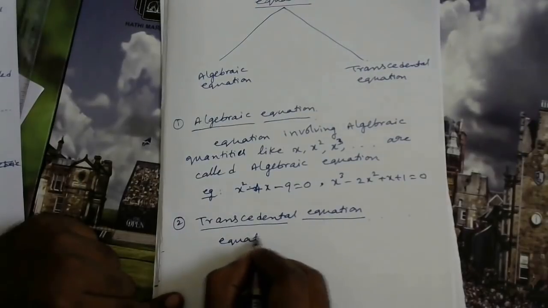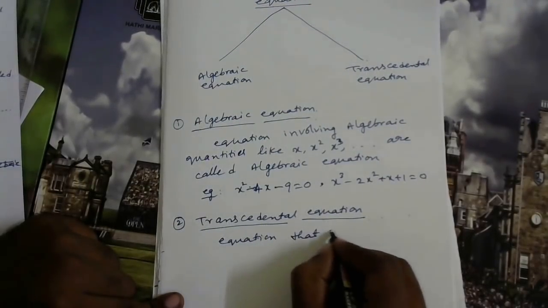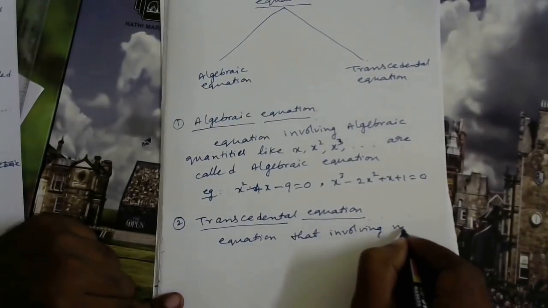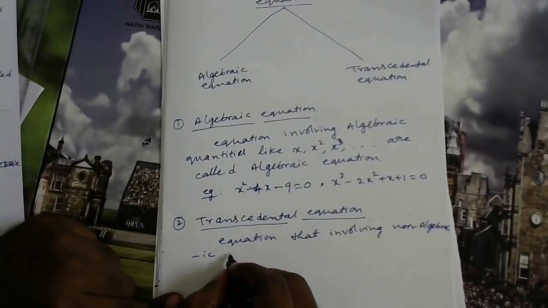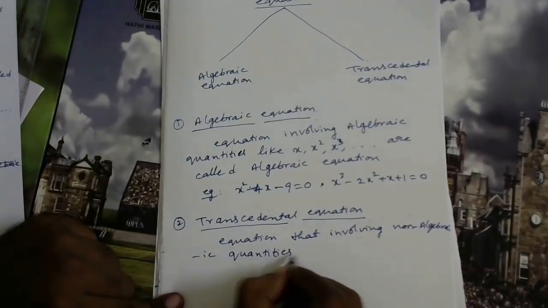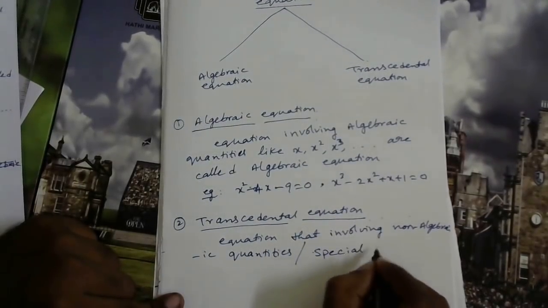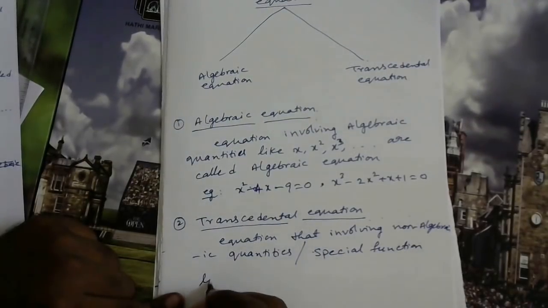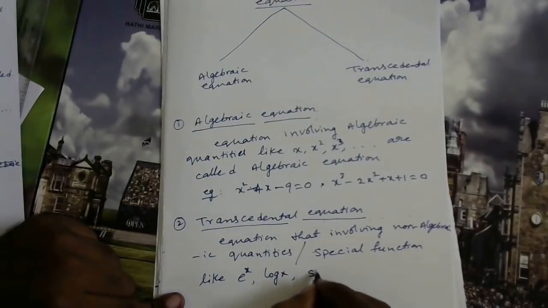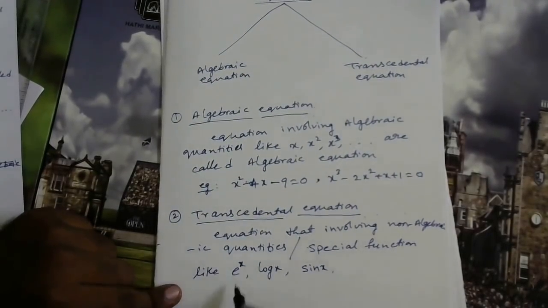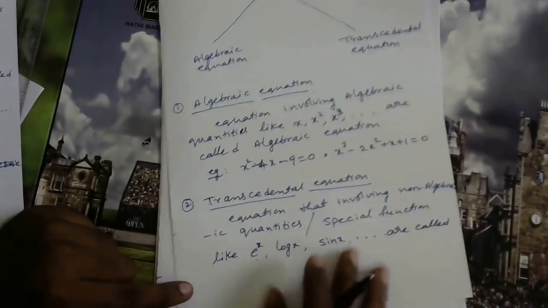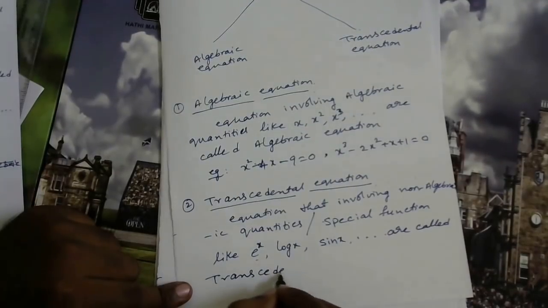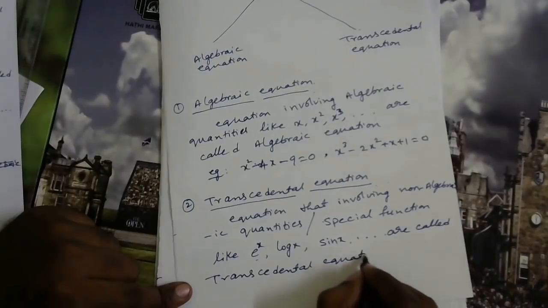So, an equation that involves non-algebraic quantities or special functions like exponential form, logarithmic form, trigonometric functions, logarithmic functions and exponential functions, and so on, is called a transcendental equation.